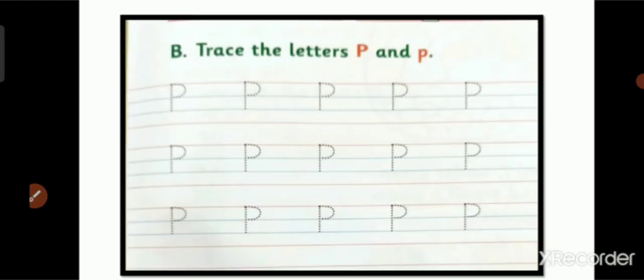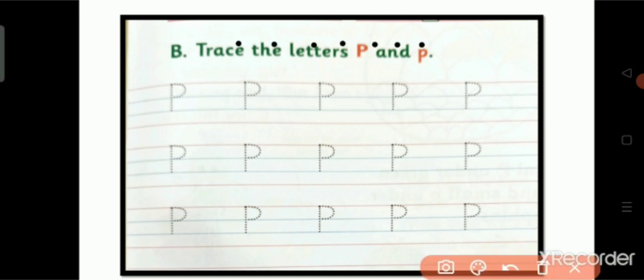Question B. Trace the letters capital letter P and small letter p. Here we have to trace the letter. Let's read. Question B. Trace the letters capital letter P and small letter p.